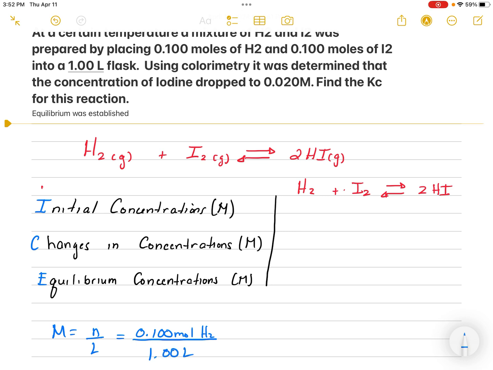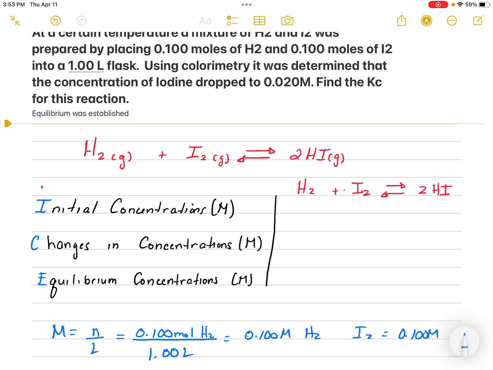If I divide these, I end up with a molar concentration of 0.100. Since we have an equal number of moles in the same flask, we can assume that iodine has the same concentration, which is 0.100 molar, okay?